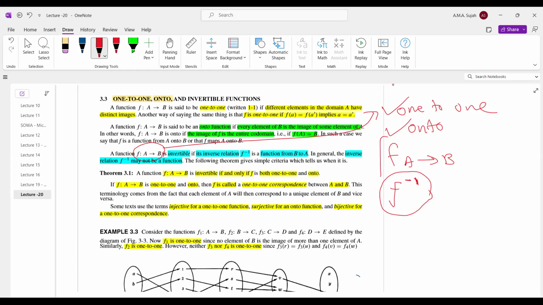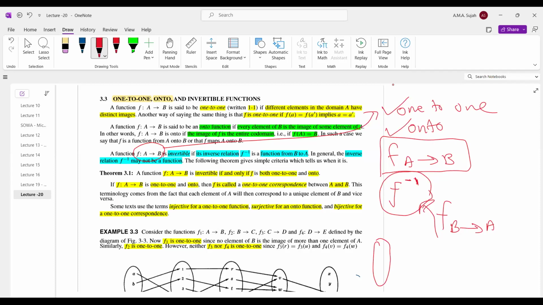If you have a function f from A to B that is one-to-one and onto, then definitely this function has an inverse function. Inverse function means the function from B to A. Previously A to B, now it is B to A, that is the inverse function.